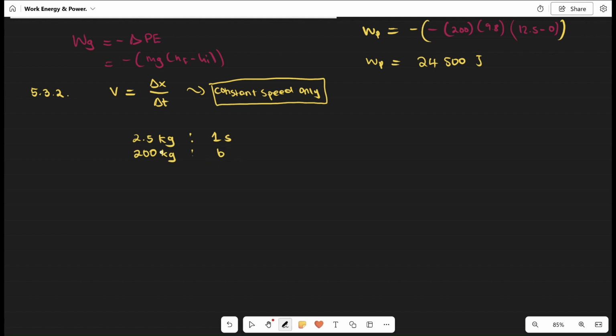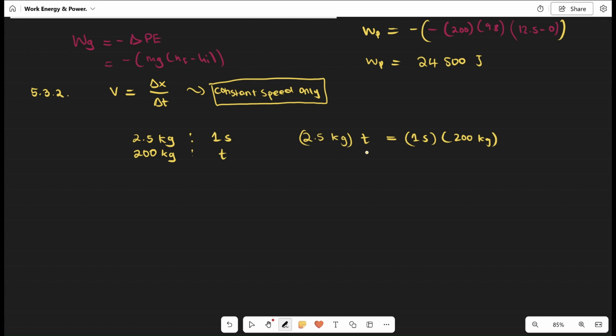So it takes 1 second for 2.5 kilograms. How long will it take for 200 kilograms? Now we can just cross multiply. We have 2.5 kg times t is equal to 1 second times 200 kg.